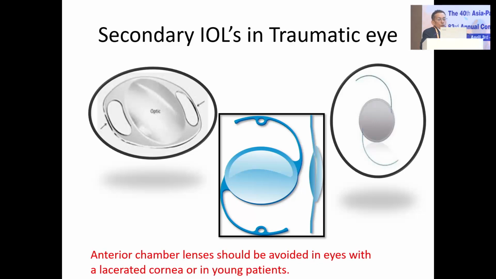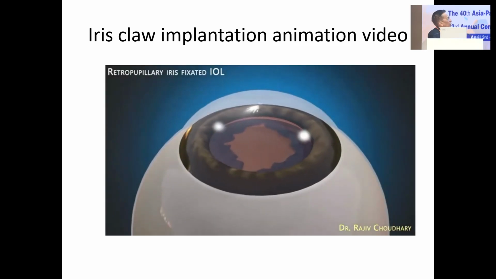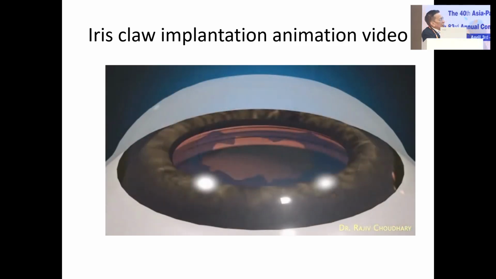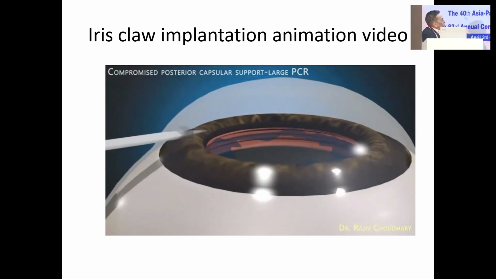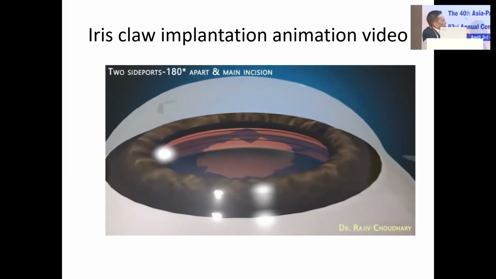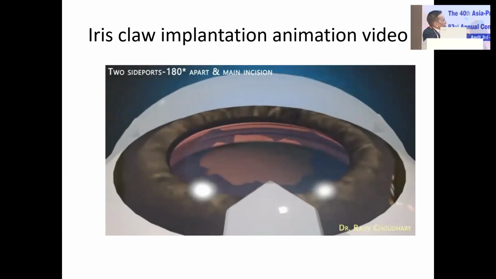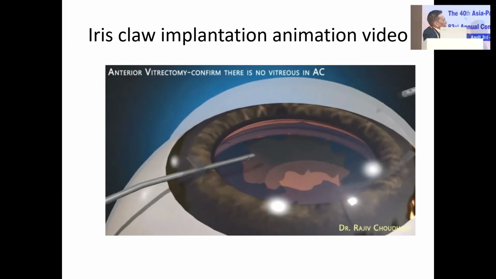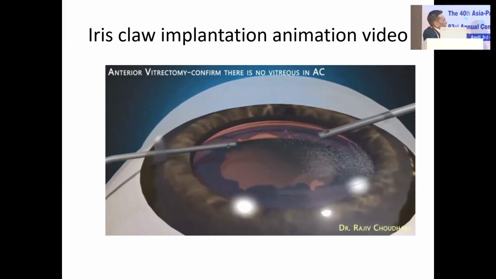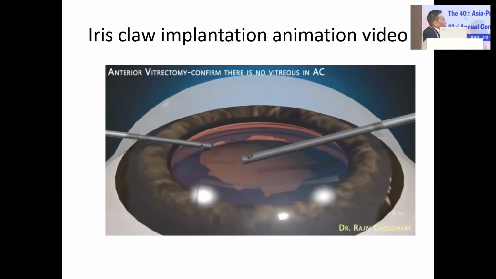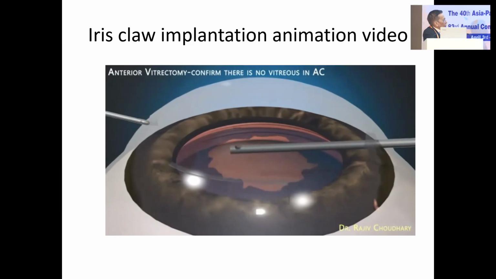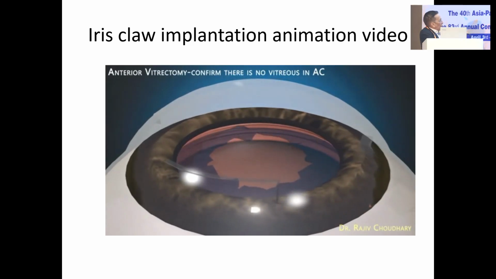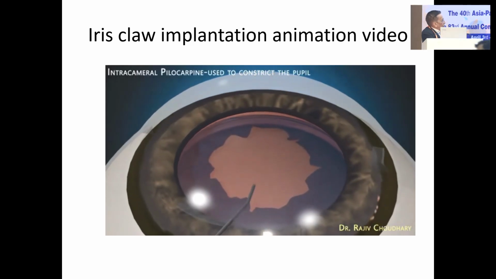I am going to show you an animation of how simple the iris claw is. You usually give two side port incisions 180 degrees apart. This is the main incision. Do an anterior vitrectomy, put in the trocar, and do a good anterior vitrectomy, whether at the same time or at the post-aphakia stage.